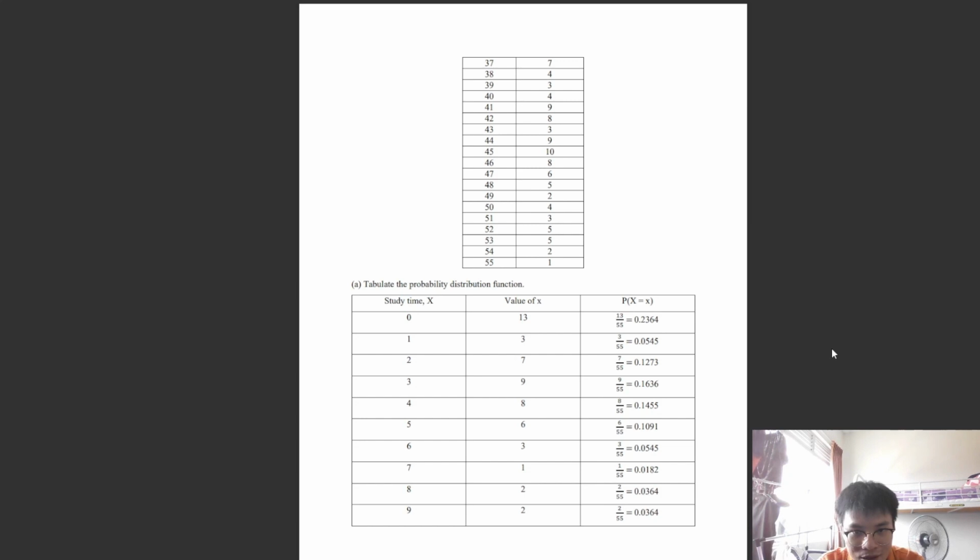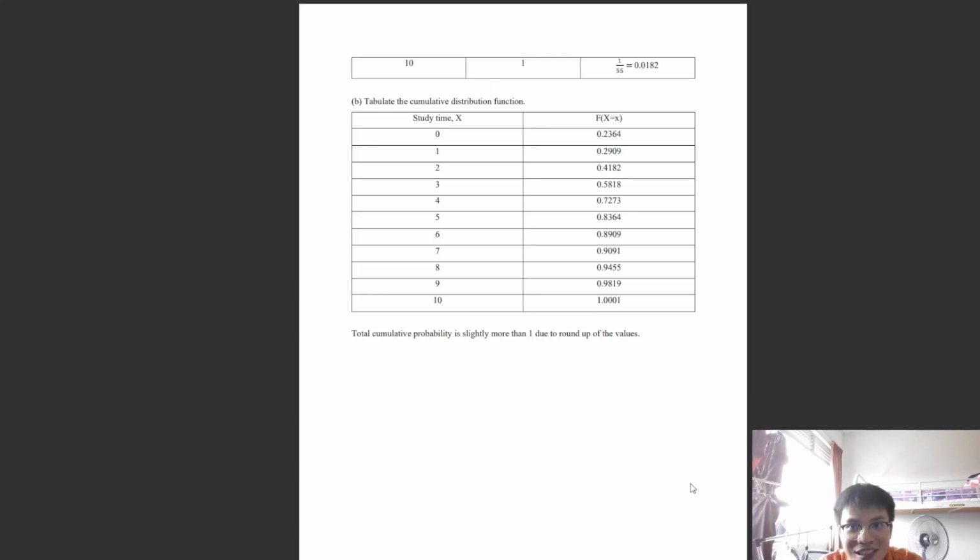Next, the probability of 1 equal to 0.0545 and P2 equal to 0.1273, P3 equal to 0.1636, P4 equal to 0.1455, P5 equal to 0.1091, P6 equal to 0.0545, P7 equal to 0.0182, P8 equal to 0.0364, and P9 equal to 0.0364. And P10 is equal to 0.0182.